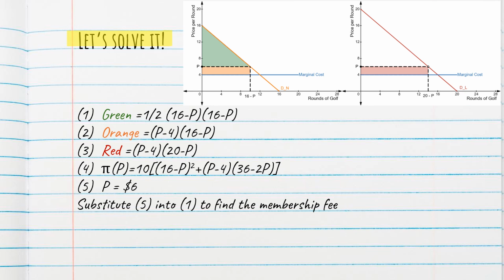In this case, we've already identified that the green shaded triangle is the membership fee. So we're just going to substitute price equals 6 into that green shaded triangle formula, equation 1, and we should have our membership fee. So we have M is equal to 1/2 times (16 minus 6) times (16 minus 6). Simplifying a little, we have 1/2 times 10 times 10, which is of course $50.